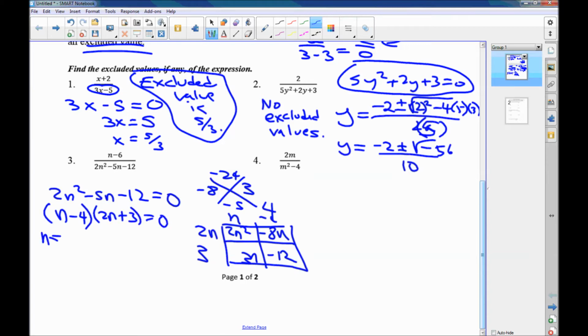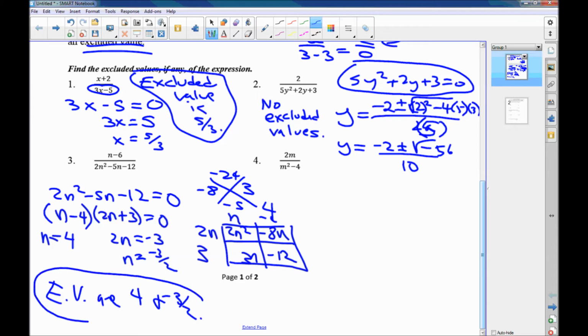You can solve each one separately. So from the first one, we'd get n is 4. And from the second one, we're going to get n is negative 3 halves, or negative 1.5. So my excluded values are 4 and negative 3 halves. If we plug those in for n, then the bottom of our fraction will become 0.